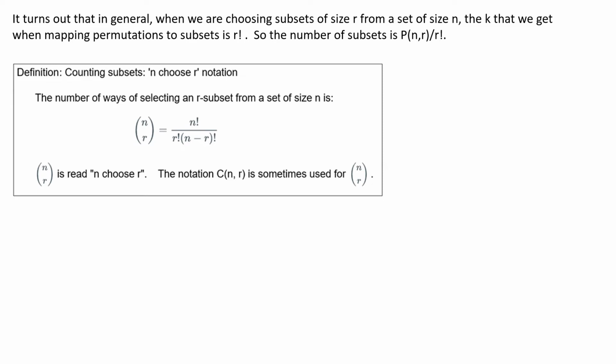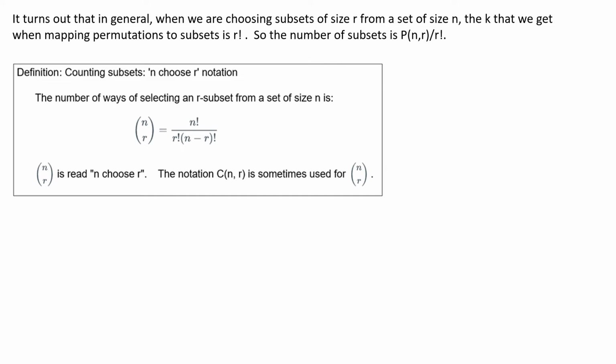But we're not looking at permutations, so we don't say anything about permutations. So we would call this n choose R. You see this notation here with the n and the R in these big parentheses. N is on top and R is below.